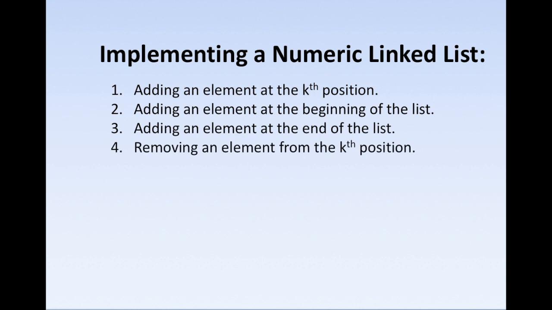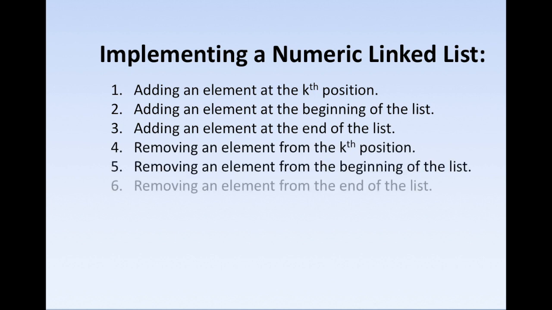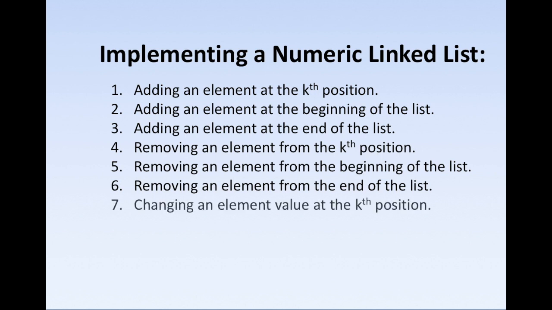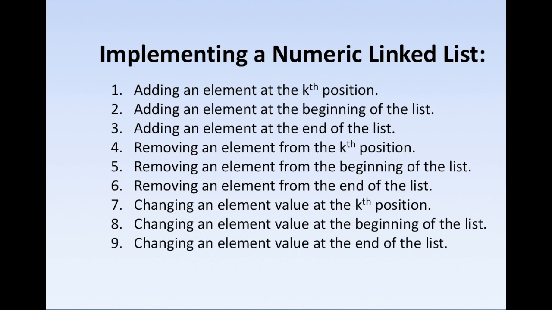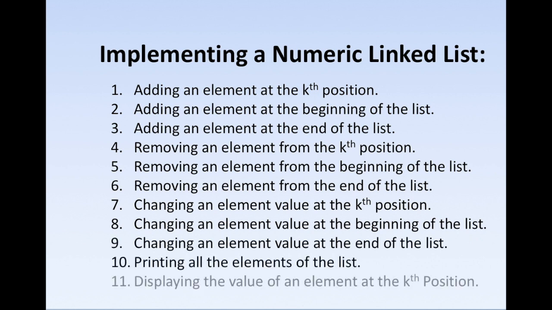We remove an element from the kth position, as well as from the beginning and from the end of the list. We can change the value of the element at the kth position, at the beginning of the list, and at the end of the list. Finally, we can print all the elements of the list, and we can display the value of an element at the kth position, so we want to see what element we have at any position.